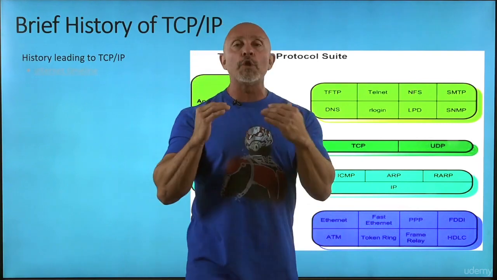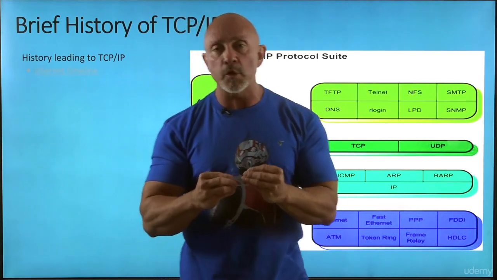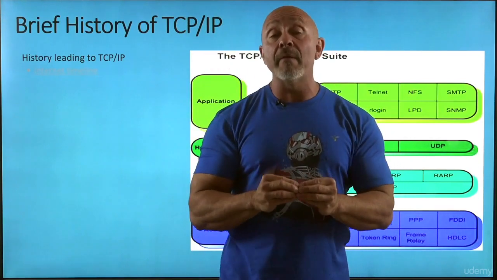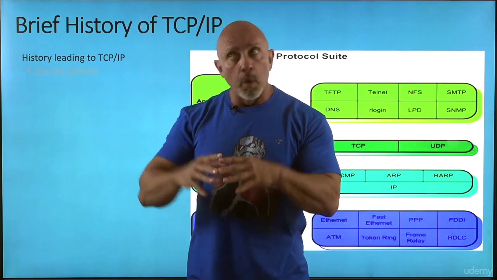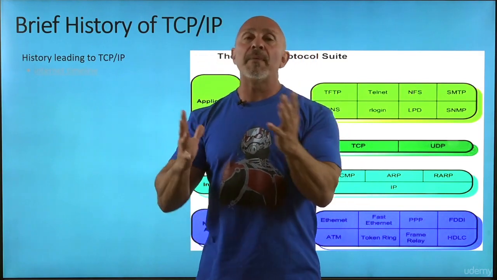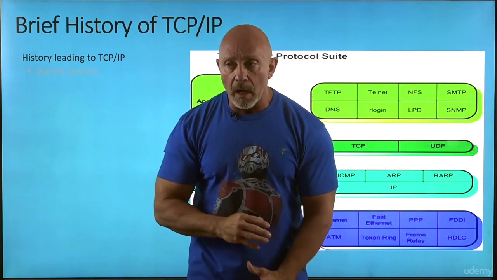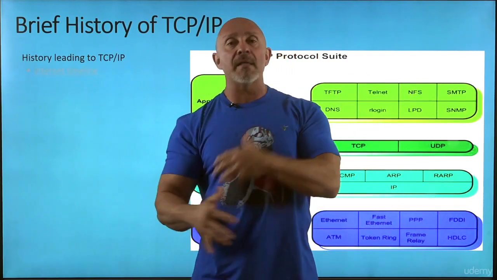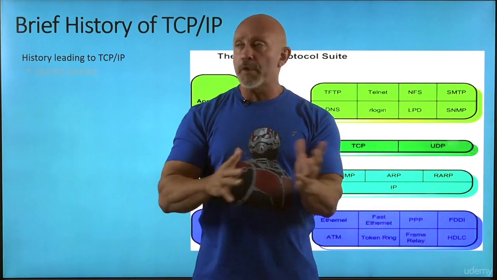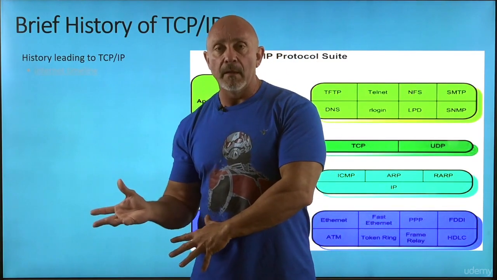So what does that mean to you when you're taking your certification? Pay very close attention to the question. What is the new TCP/IP architecture? The original TCP/IP architecture has how many layers versus the new TCP/IP?